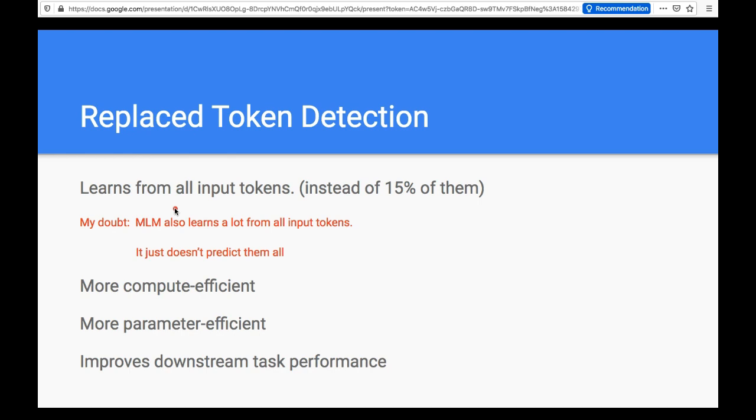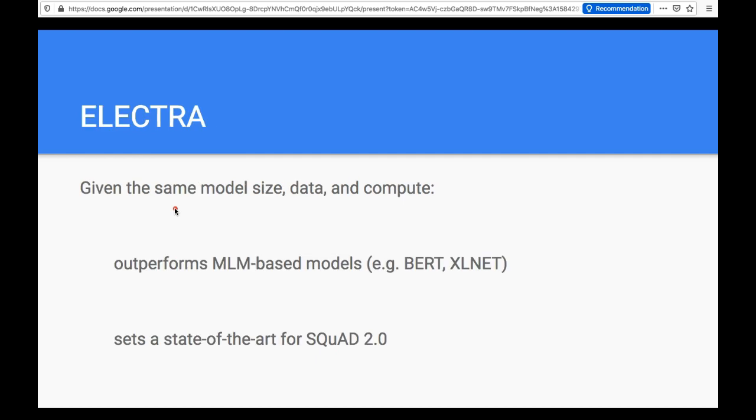That's interesting. And they claim that when you use replaced token detection, your model will be more compute efficient, and it will also be more parameter efficient, which I will cover later. More importantly, they also improve downstream task performance, which will be shown in the experiment section.